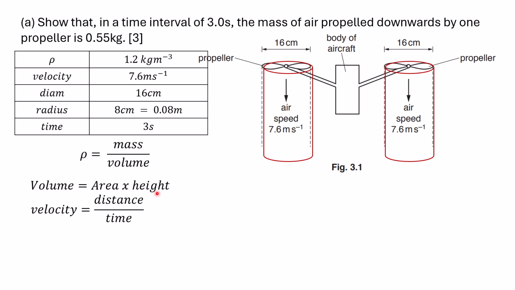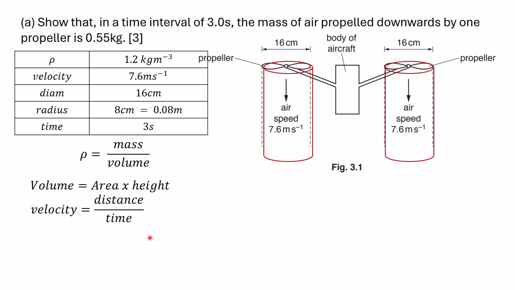But we can use, I know it's strange, the velocity formula, distance over time, to calculate the height, because according to homogeneous equations, the distance is in meters, velocity is meters per second, and this is seconds, so it all works out.